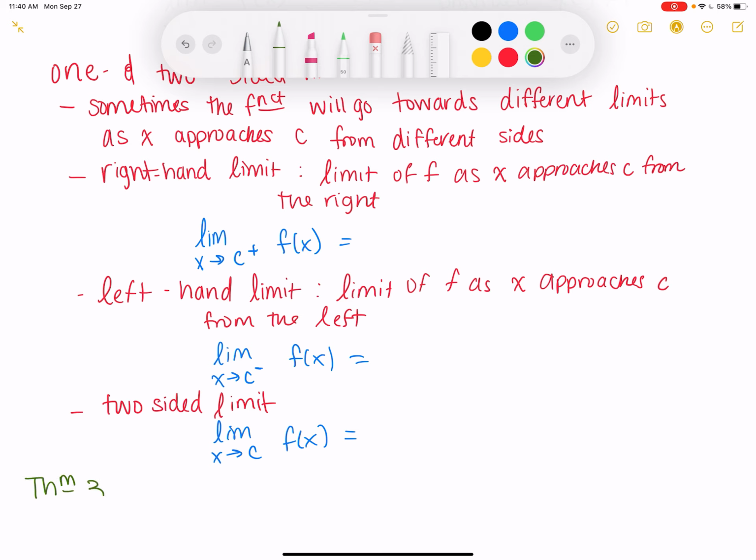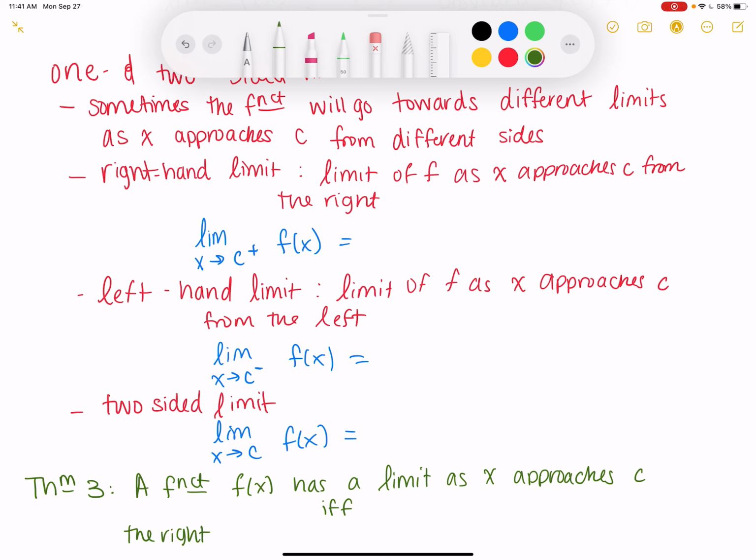Theorem 3. A function f of x has a limit as x approaches c if and only if the right hand and left hand limits at c exist and are equal.